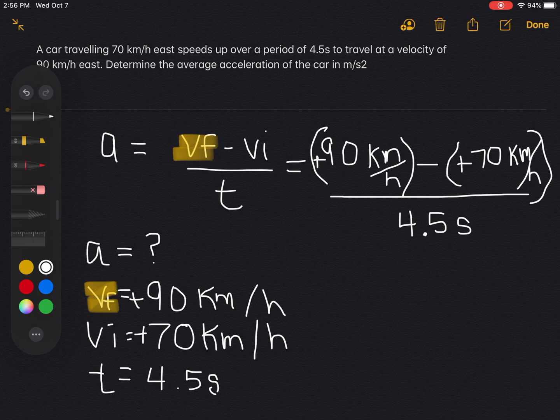Okay, so now we can calculate that. We can just plug this into our calculator. So if we do our 90 minus 70 in our calculator, we should get 20. Make sure you keep that positive. So that's 20 kilometers an hour over our 4.5 seconds.